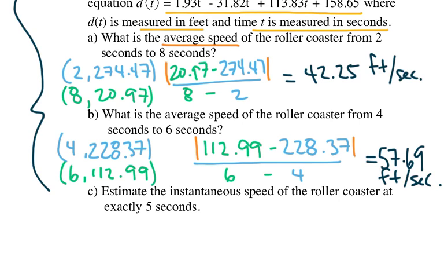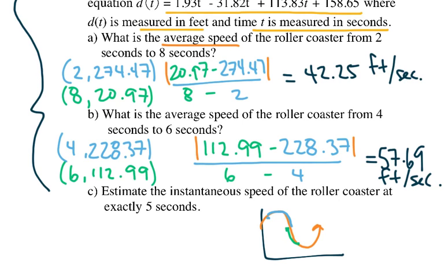And then number 5 says estimate the instantaneous speed of the roller coaster at exactly 5 seconds. So essentially, this process is moving those points on our curve closer and closer together. Remember we started at 2 and 8, and we're taking those points and moving them closer and closer together.